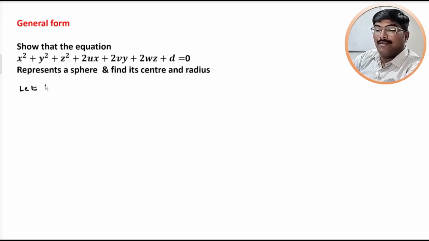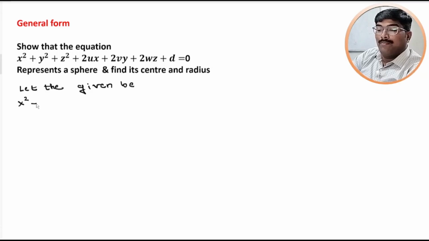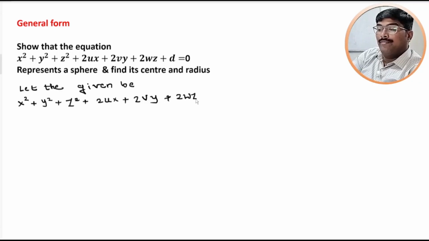Let the given equation be x square plus y square plus z square plus 2ux plus 2vy plus 2wz plus d is equal to 0.